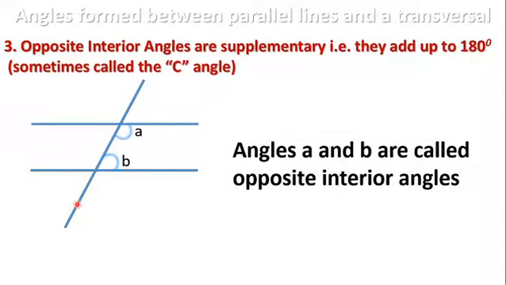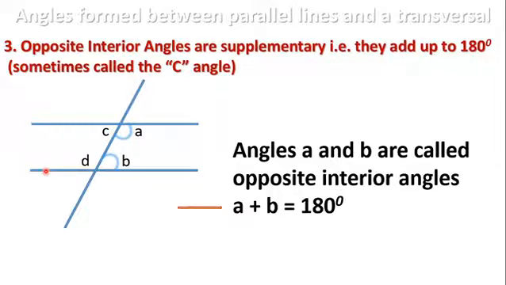Angles A and B are called opposite interior angles, and adding them together will give you 180 degrees. Okay, now it is also possible for you to label these angles C and label the other one D, and once again you can see the C shape formed is facing my left hand side.